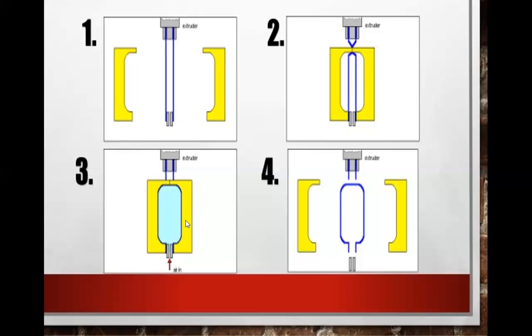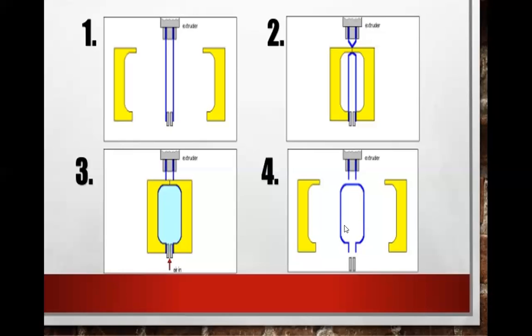After the removal of the air pin, this plastic material gets cooled and takes the shape, and after cooling, the two molds should be separated and it takes this shape.